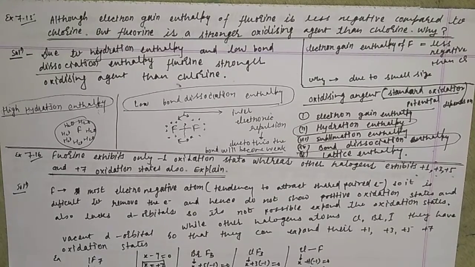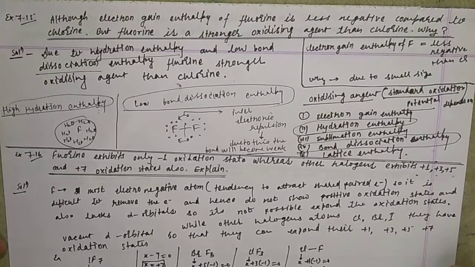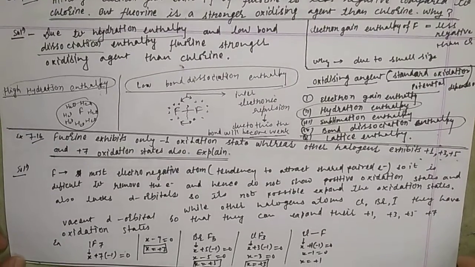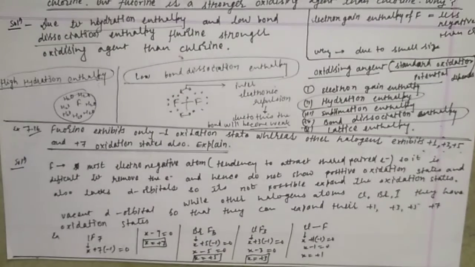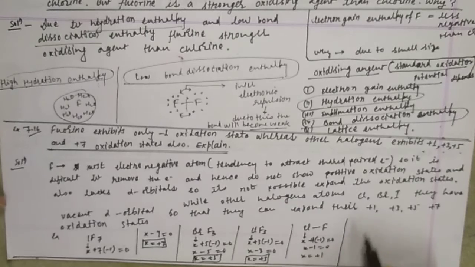So they are capable of giving positive oxidation states as they have vacant d orbitals. These atoms can show +1, +3, +5 and +7 oxidation states.